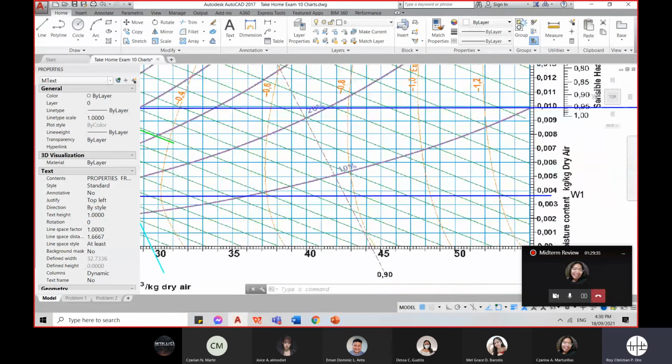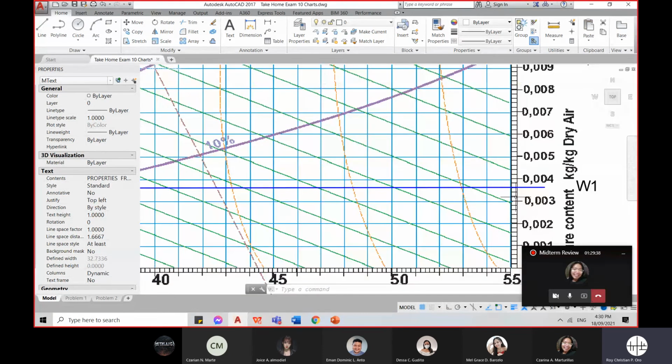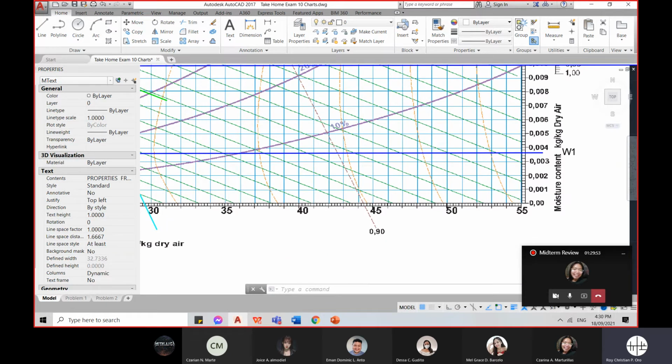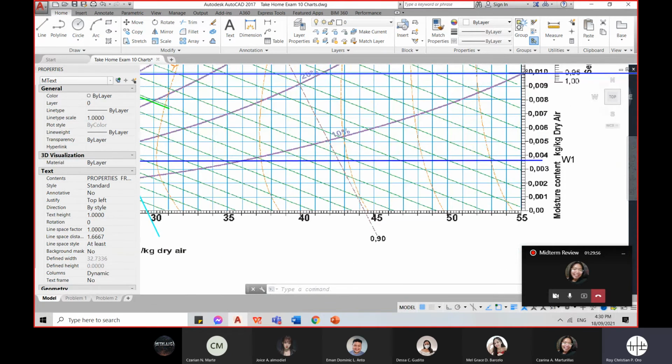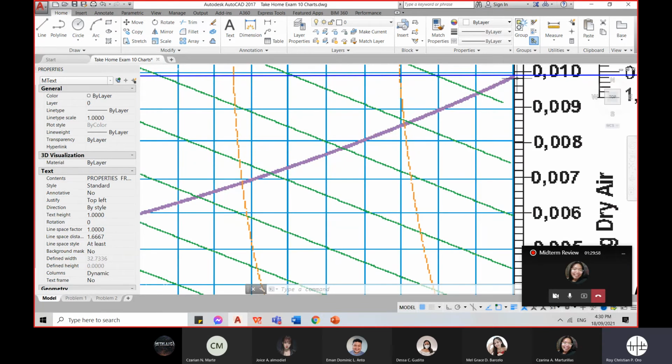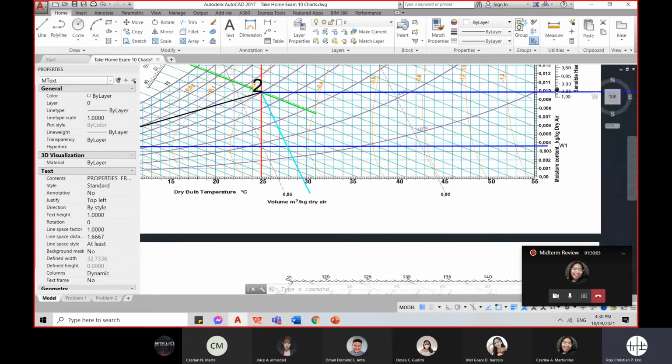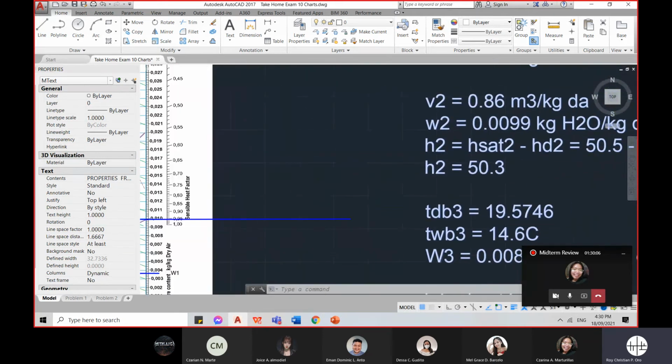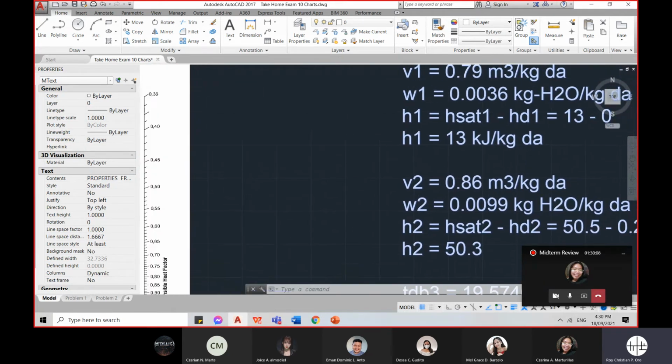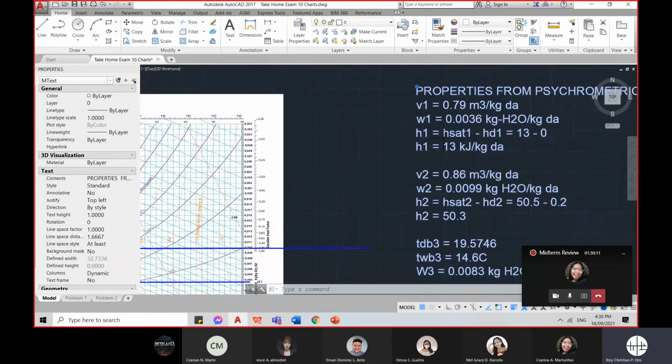The small graduation marks here are 0.0002, so this is 0.0032, 0.0034, then this is 0.0036. That is our W1. For our W2, it's in the middle of these two, so 0.0099, the same as the one I've written here. 0.0099 for W2 and 0.0036 for W1.